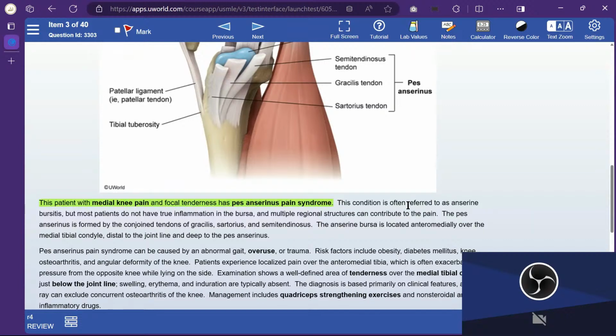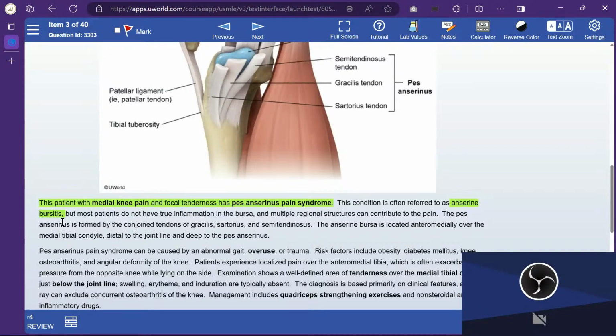This condition is often referred to as anserine bursitis, but most patients do not have true inflammation in the bursa, and multiple regional structures can contribute to the pain.